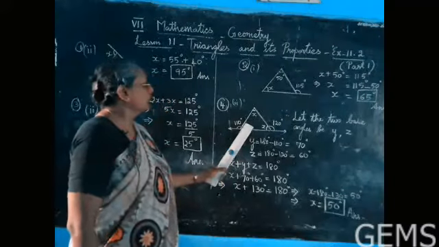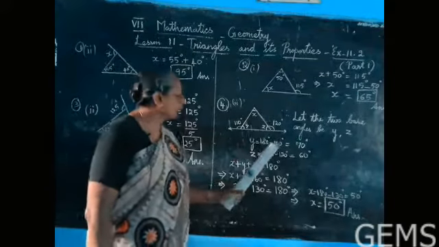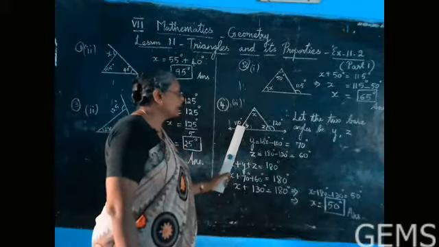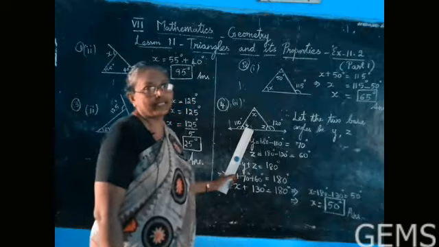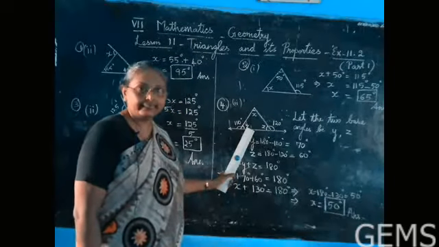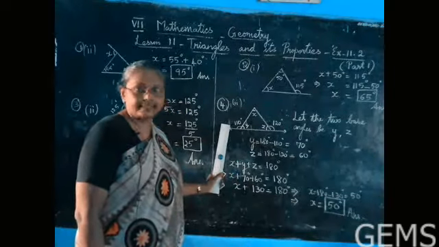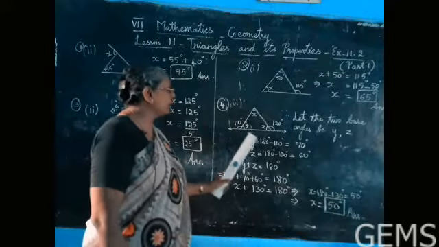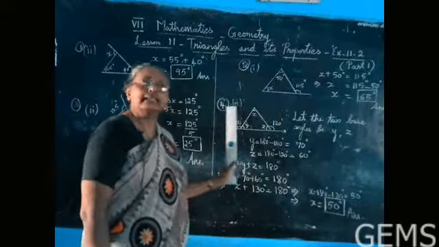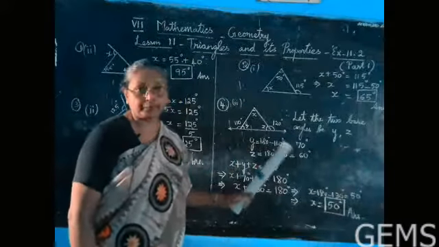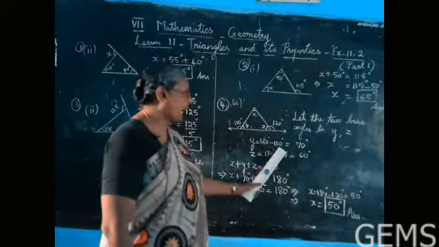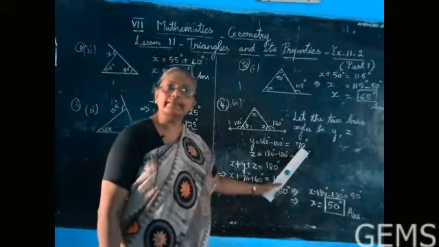We know that there is a property I taught you, the sum of the exterior angle and the adjacent interior angle is 180 degrees. y is an adjacent interior angle for 110. Therefore, y will be equal to 180 minus 110 degrees. Another thing we can apply here, linear pair. So 180 minus 110 degrees, which is equal to 70 degrees.